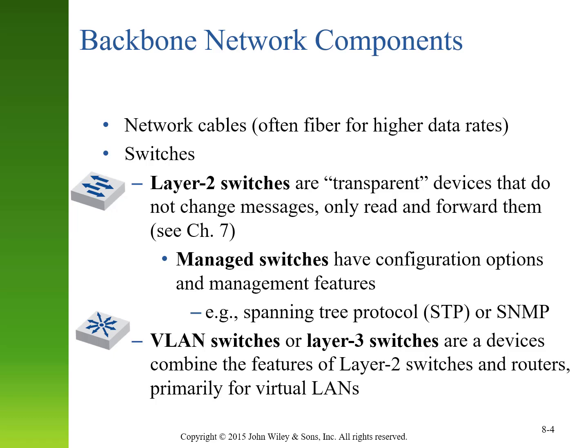Some more advanced switches are what are called managed switches, where you can configure them and manage them remotely using something like a spanning tree protocol. There are more advanced switches, which have sometimes been called VLAN switches or layer 3 switches, and they have features of both switches and routers built in.